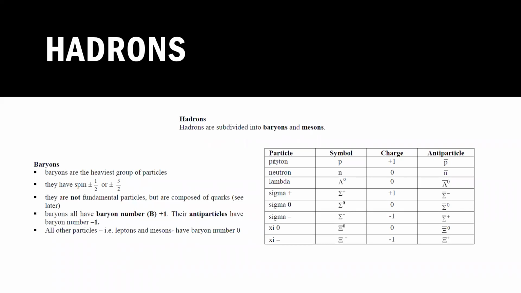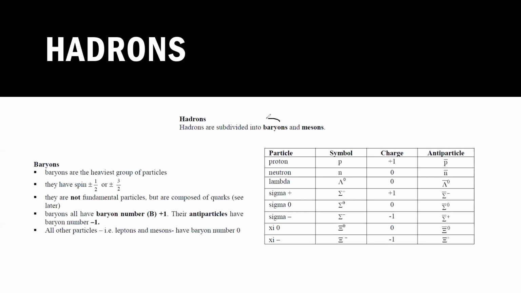What are hadrons? Particles which experience the strong nuclear force, such as mesons and baryons, are known as hadrons. Baryon means a combination of 3 quarks. Meson means a combination of quark and antiquark. So proton is actually a baryon. Neutron is actually a baryon. Why? Because each consists of 3 quarks.